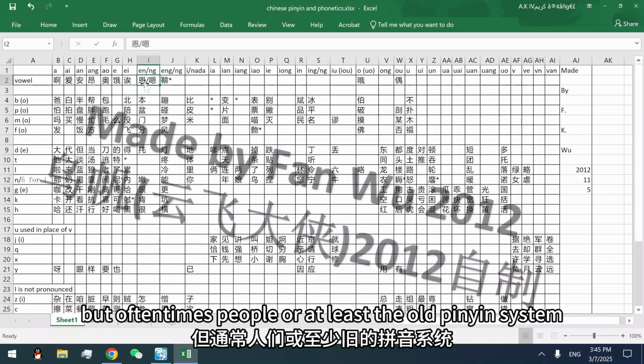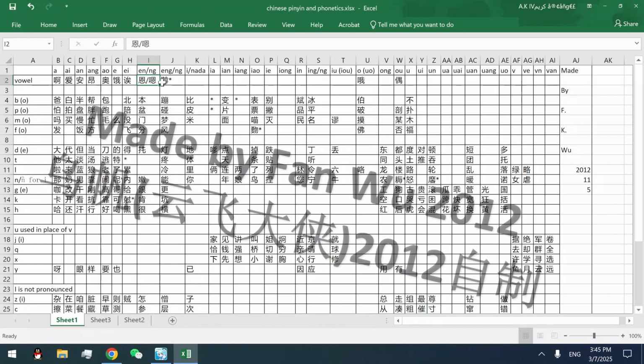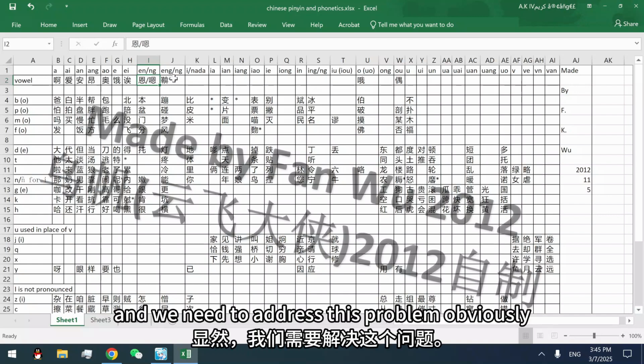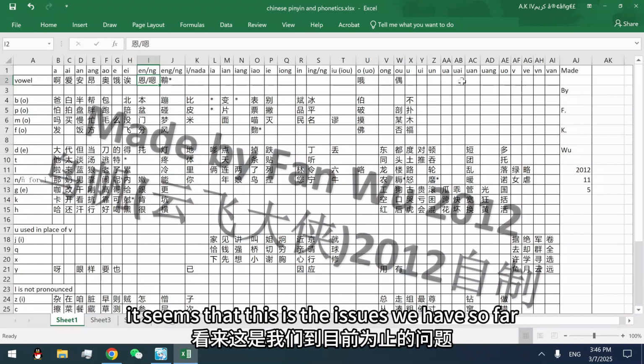But oftentimes people, or at least in the old Pinyin system, get these mixed up a lot. And we need to address this problem, obviously. Yes, it seems that these are the issues we have so far.